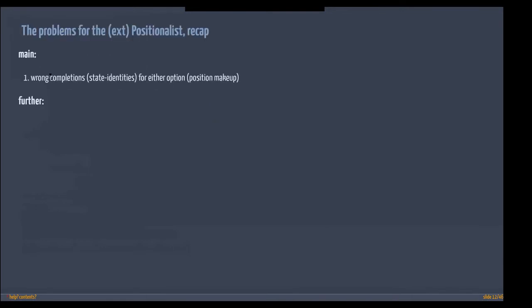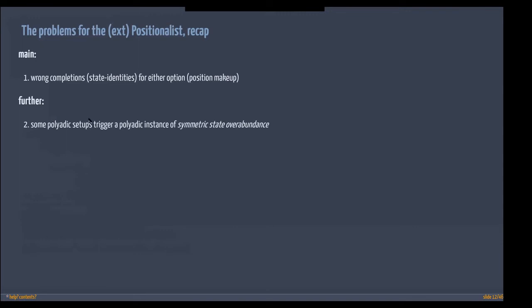So that's what I take to be the main problem for a positionalist, that he cannot deliver the right position build-ups. So neither of the position build-ups he presents to us gets us the right state identity. So that's what I take to be the main problem.